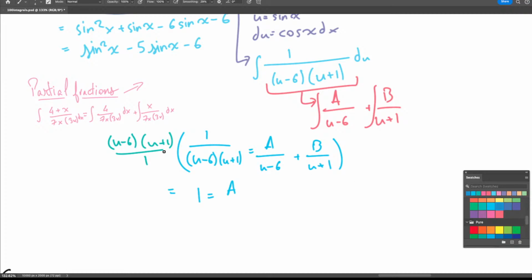So this cancels out with this, and this cancels out with this. So what we are left with is a times u plus 1 over nothing plus b times u minus 6.